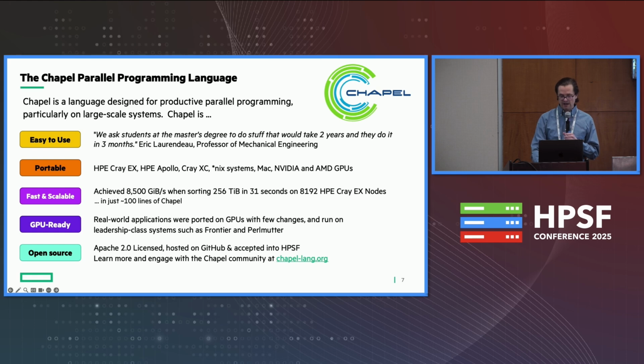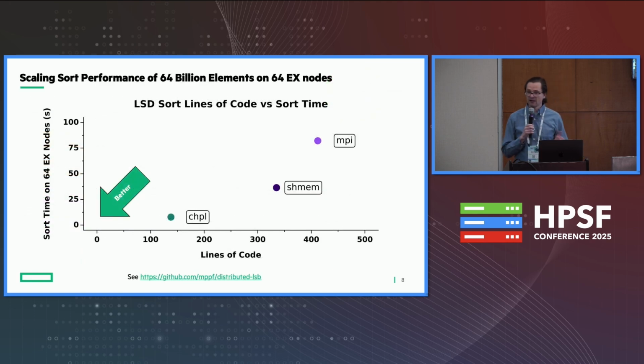Okay, and then I have one more thing about this sort. The sort that I was talking about here that was fast and scalable is a sort from the Arkouda data analysis framework, and recently I was doing a comparison of that same sort algorithm between Chapel, OpenSHMEM, and MPI.